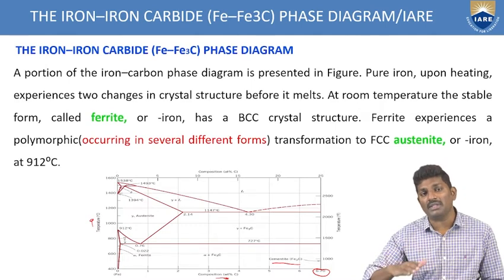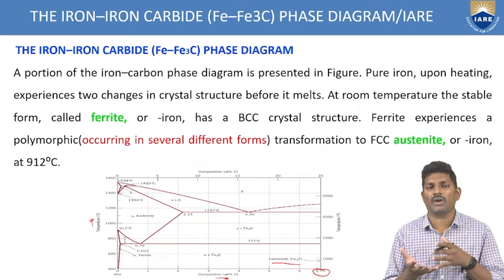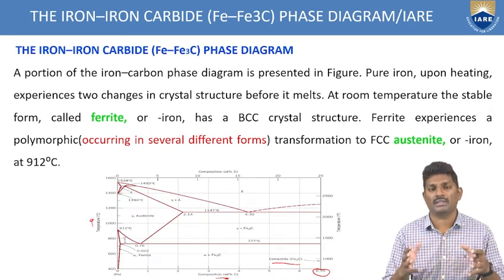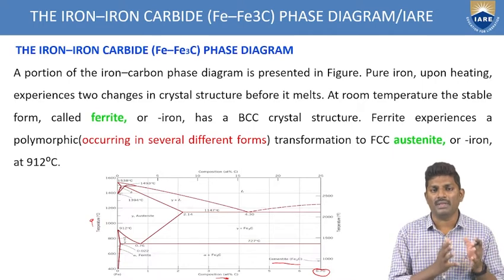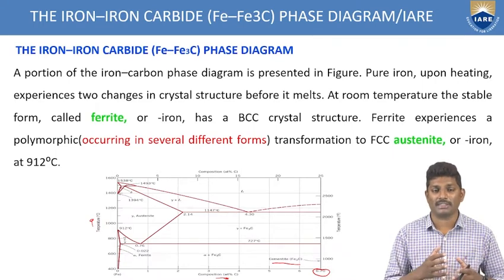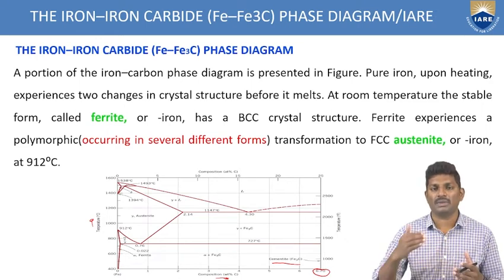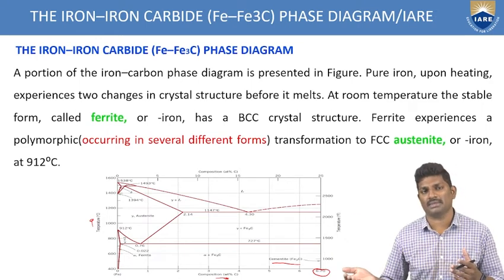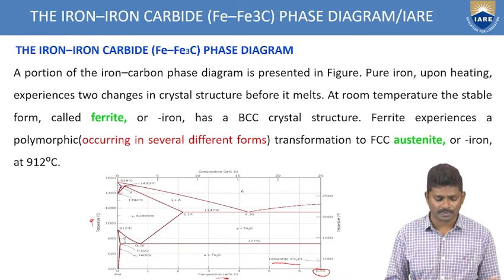Again, it converts from FCC back to BCC. So it is changing during the heating process into two crystal phases: BCC to FCC, and again FCC to BCC. It is coming back. Those are the two changes in the crystal structure.